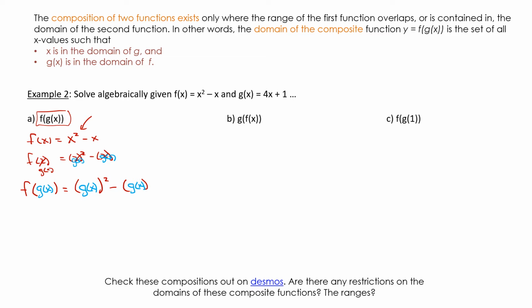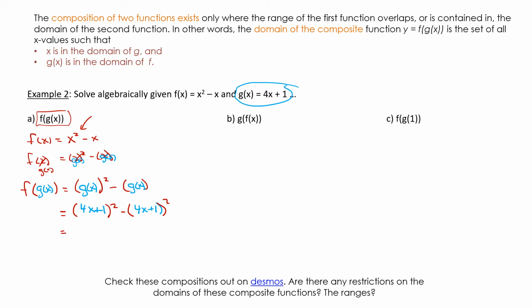So that's equal to, what is g at x? Well, g at x is right here. So g at x squared is going to be, g at x is 4x plus 1, and then I've got to square that, minus, again, g at x is 4x plus 1. So I'm doing the same thing that you've done since grade 11, which is to substitute into function notation.